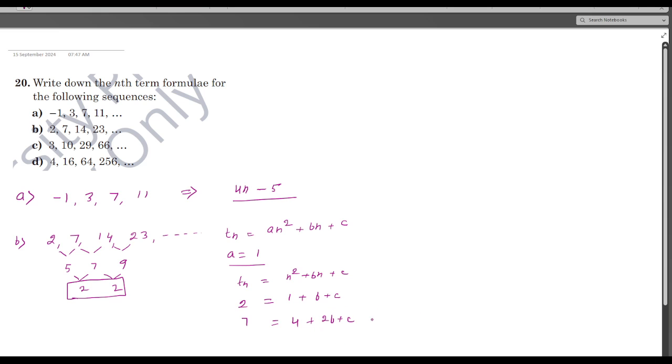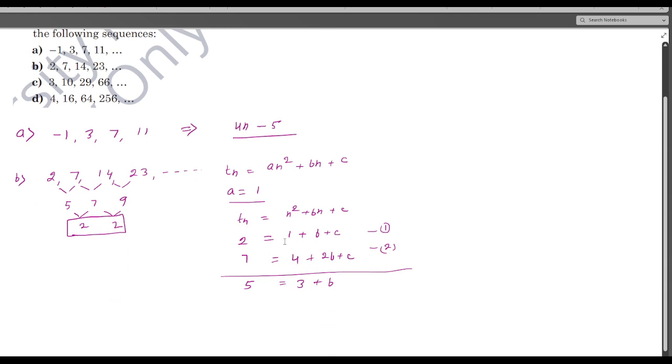Okay, if I subtract my equation 1 from equation 2, I get 7 minus 2 5. Here 4 minus 1 3, 2b minus b is b, and c minus c is 0. So this gives you the value of b as 5 minus 3, which is 2.